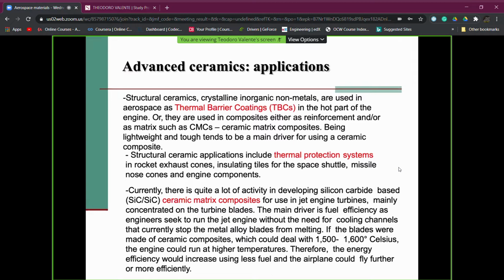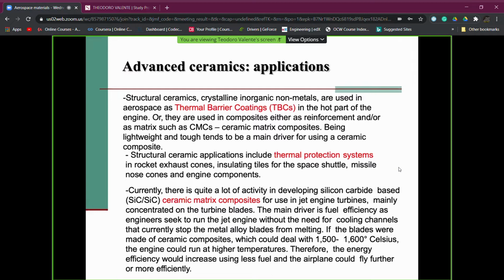Also some activities with this class of materials are running for use in jet engine turbines as materials for blades. And I will show you some niche examples, even though the standard solution still is the use of the superalloy.